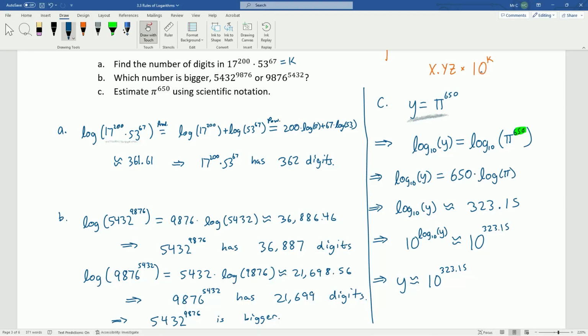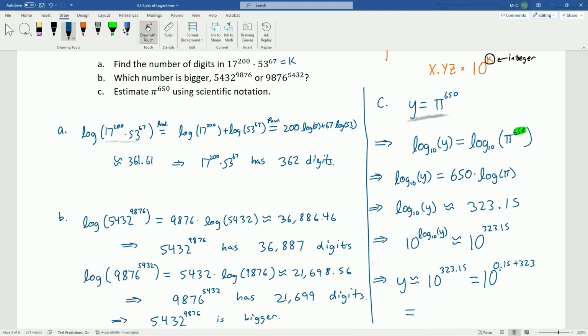But notice the whole thing about scientific notation is that this power is an integer, not a decimal. So I somehow have to split this up a little bit further. One of the ways I can do that is by thinking of this number, 10 to the 323.15, as 10 to the 0.15 plus 323.